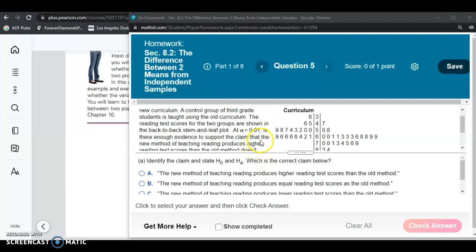The first part of the question asks us to identify the claim and then state the null and alternative hypotheses. Which is the correct claim? Be sure to reread the problem if necessary.